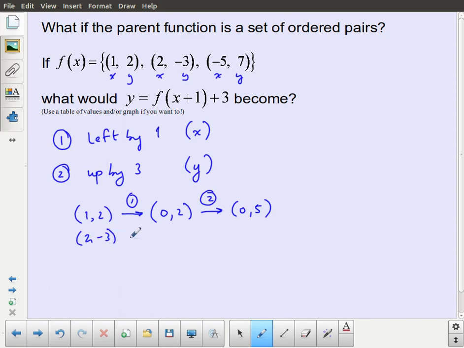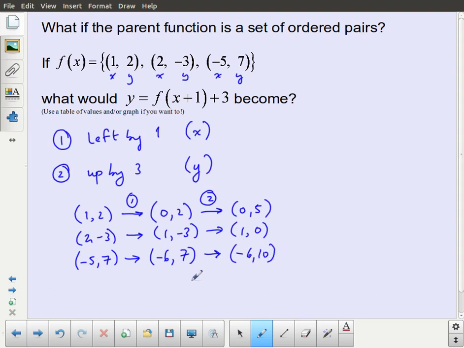2, negative 3, when I move that to the left, that becomes 1, negative 3. And when I move that up by 3, that becomes 1, 0. And finally, negative 5, 7. Move that to the left, becomes negative 6, 7. And move that up by 3, that becomes negative 6, 10. And so now my actual answer would be the new set of points.